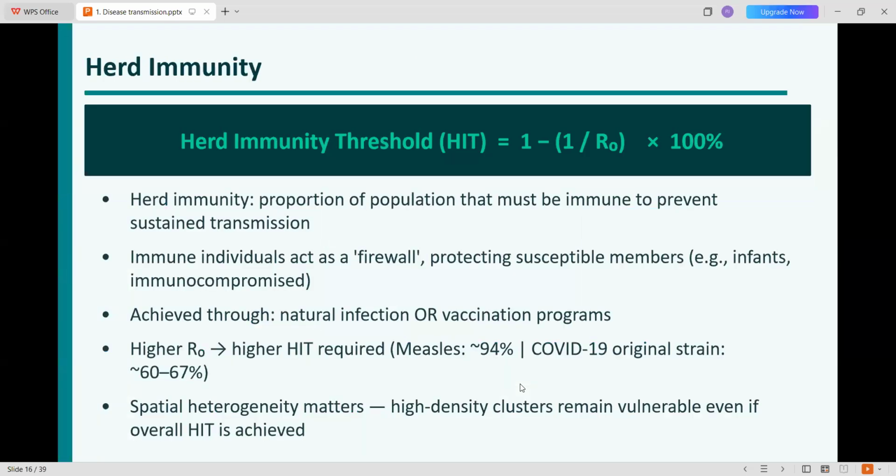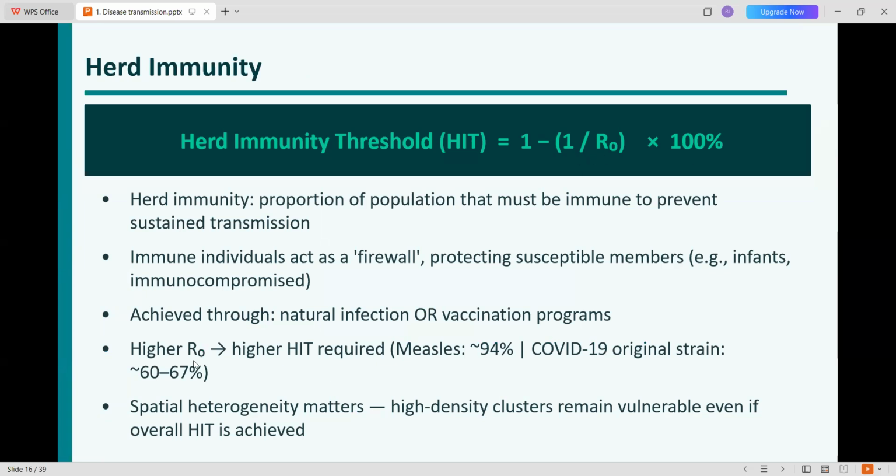Next is herd immunity. Herd immunity is the proportion of the population that must be immune to prevent sustained transmission. Immune individuals act as a firewall, protecting susceptible members, for example infants and the immunocompromised. It is achieved through natural infection or vaccination programs. The herd immunity threshold equals 1 minus 1 divided by R naught, multiplied by 100%.